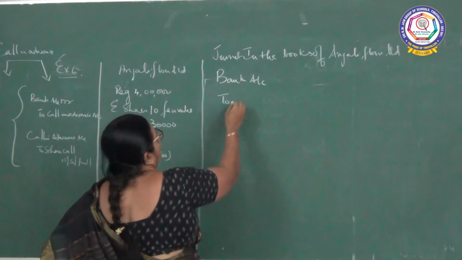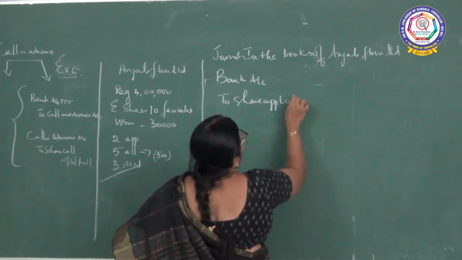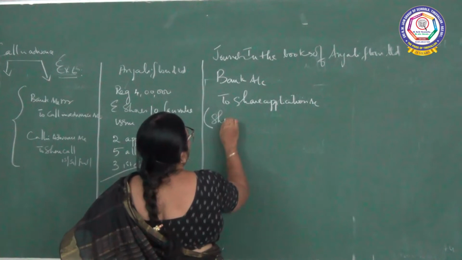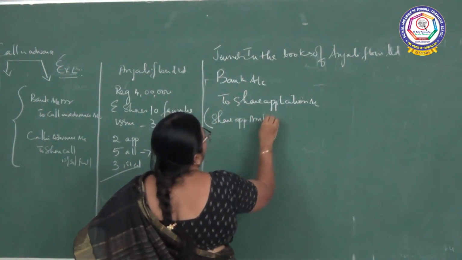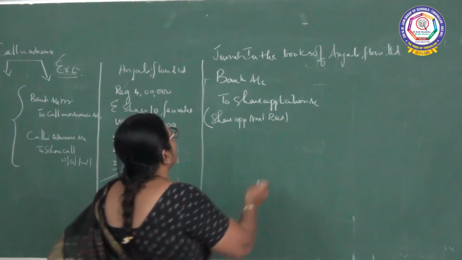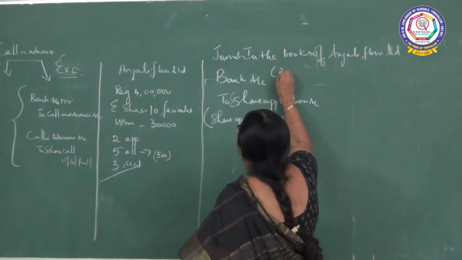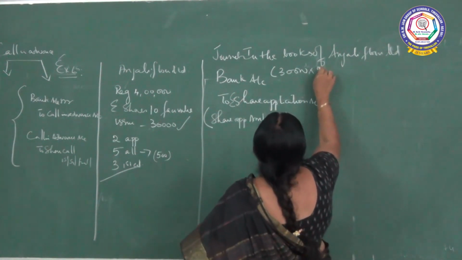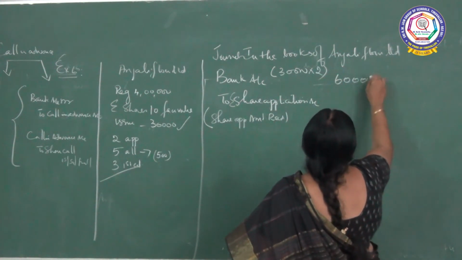So you debit bank account, credit share application, being equity share application money received and deposited in the bank. You can change the narration however you want. How much is going into the bank? You are going to issue 30,000 shares, and 2 rupees you are going to receive on application. So the total money going into your bank is 60,000.